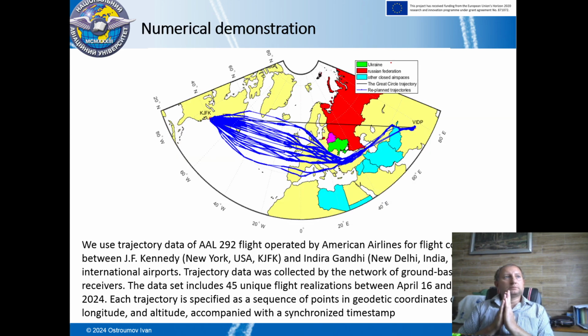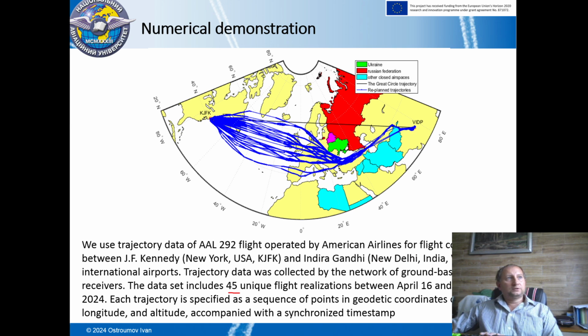And to evaluate our results, we use ADS-B datasets, and here is the RL292 airplane flight. We use 45 unique flights from John F. Kennedy Airport to Indira Gandhi Airport in India.